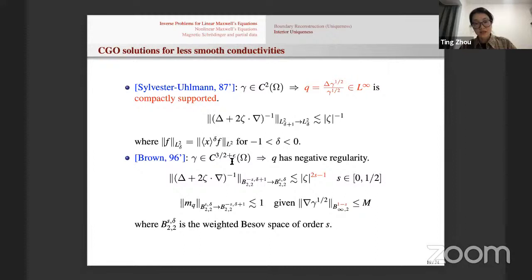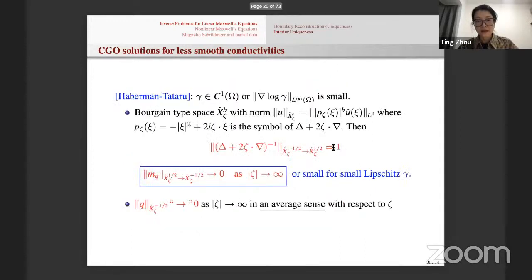But there's a limitation of this method, partly because they were only able to show this decaying property when s is smaller than 1/2, and beyond that it is no longer decaying. And the recent, well, not so recent, I guess it's been a while, breakthrough was done by Haberman and Tataru, to prove the Calderon problem for C1 conductivity, or the gradient of the logarithm of gamma being small.